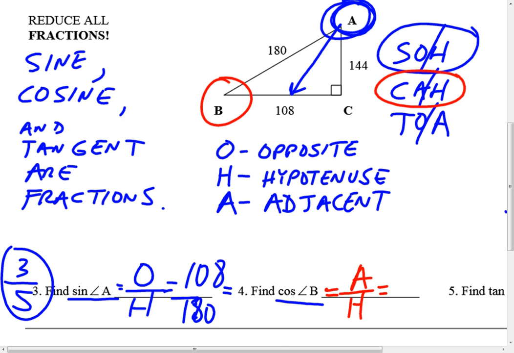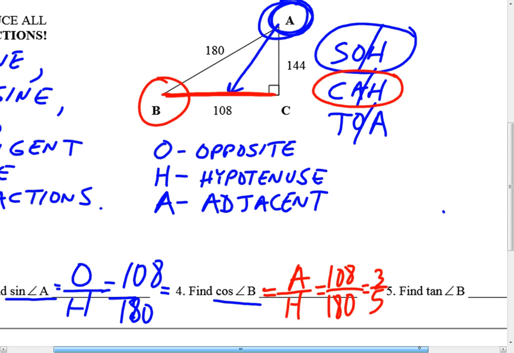What is the closest side to angle B that is not the hypotenuse? Right here. It actually forms part of the angle. That's adjacent to B. And is the hypotenuse still the hypotenuse? So that's going to reduce to 3/5 again. We only have 3 sides in here, so sometimes some of the fractions look the same.